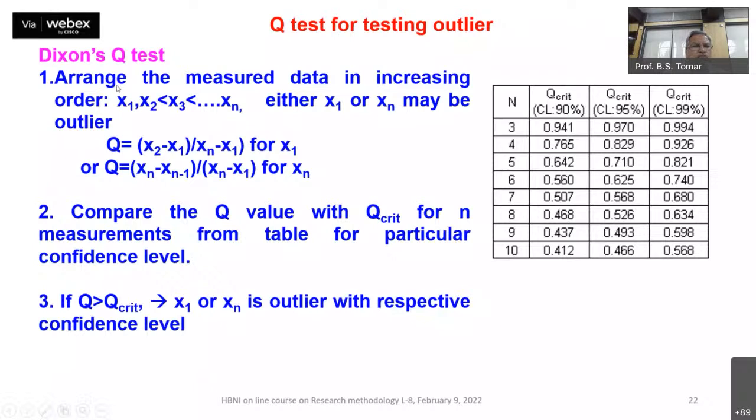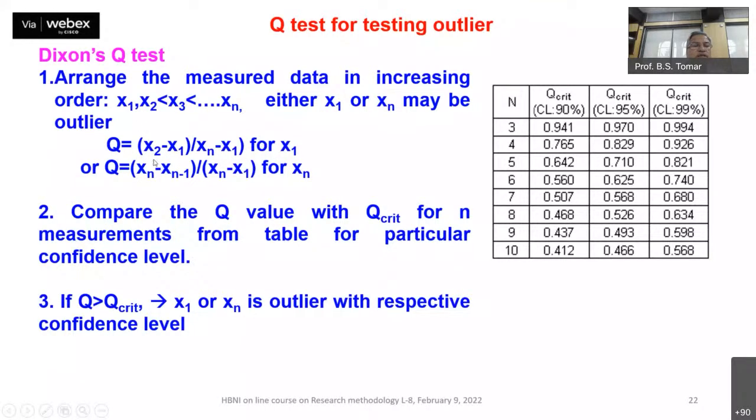To test that outlier, you arrange the measured data in increasing order, from lowest to highest, x1 less than x2 less than x3, and so on. There are n data, arranged in increasing order. Or you can do decreasing order also, whatever it is. And you define a quantity called Q. Suppose x1 is the outlier.